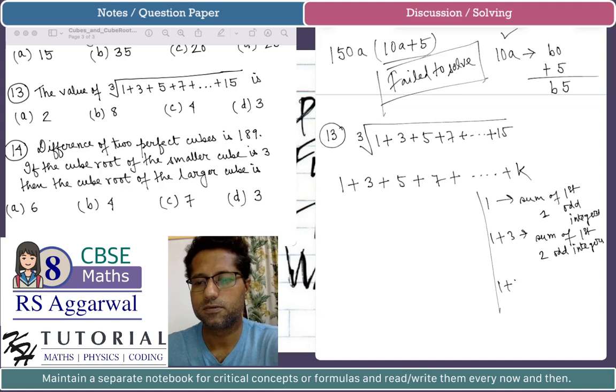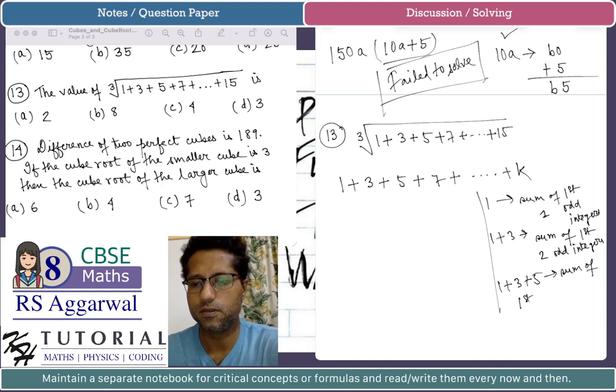1 plus 3 plus 5 is the sum of the first 3 odd integers.